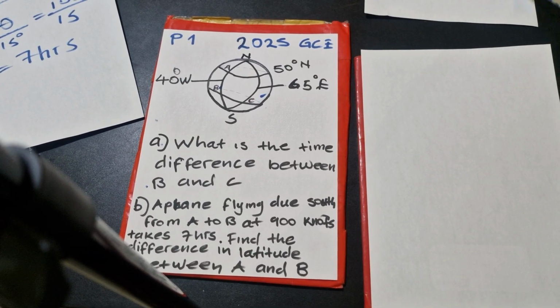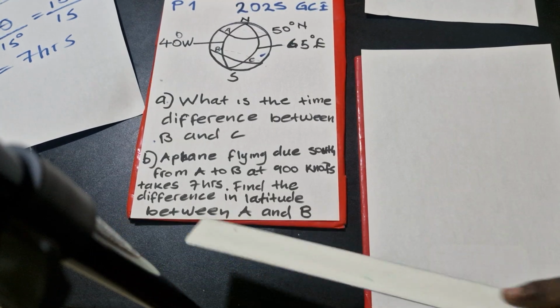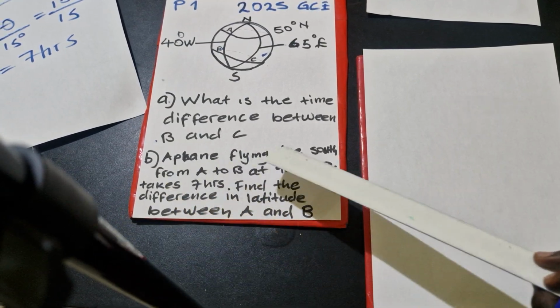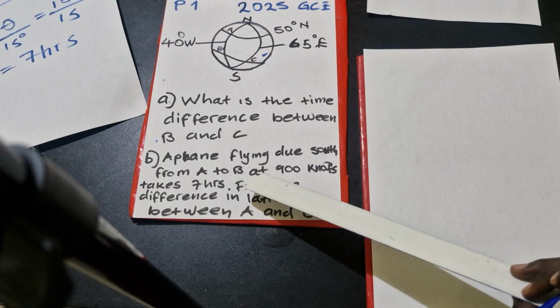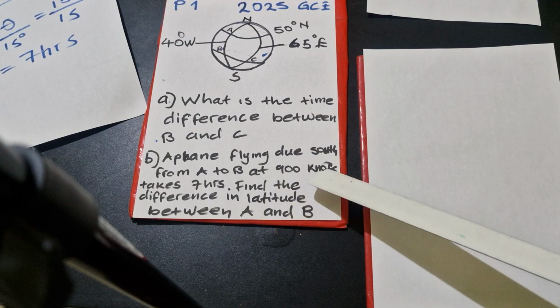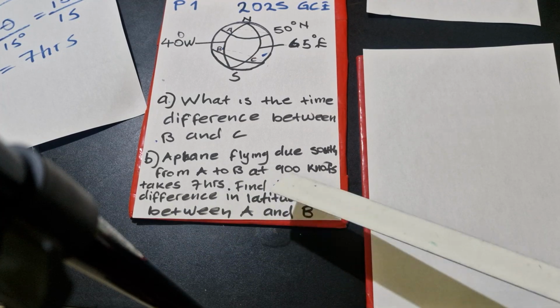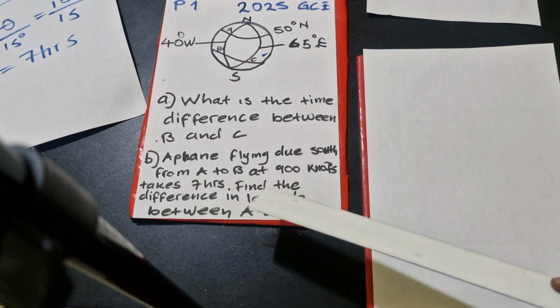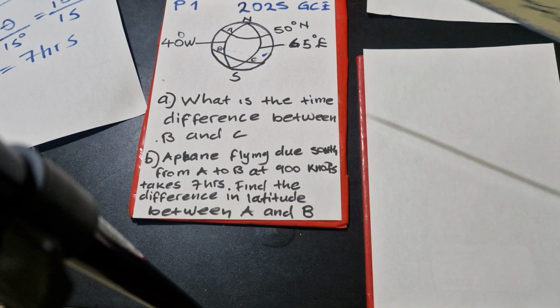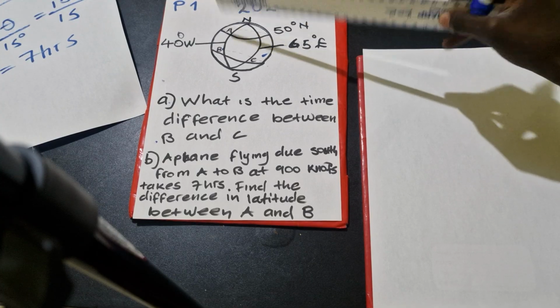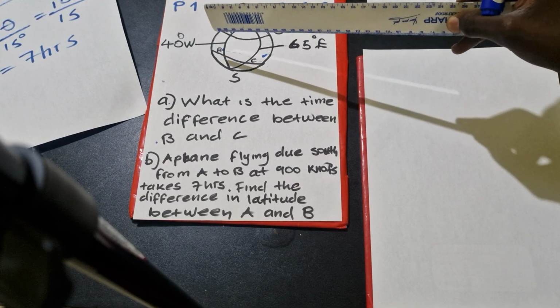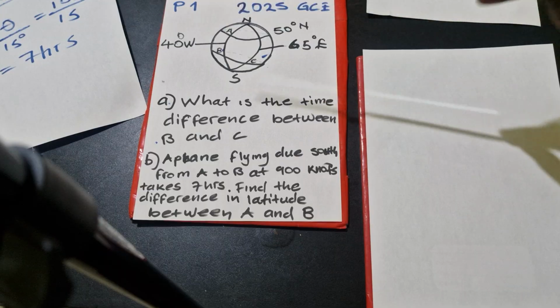Question B is saying, a plane flying due south from A to B at 900 knots takes 7 hours. Find the difference in latitude between A and B. They're telling us a plane is flying from A coming down to B. So what are we being given?